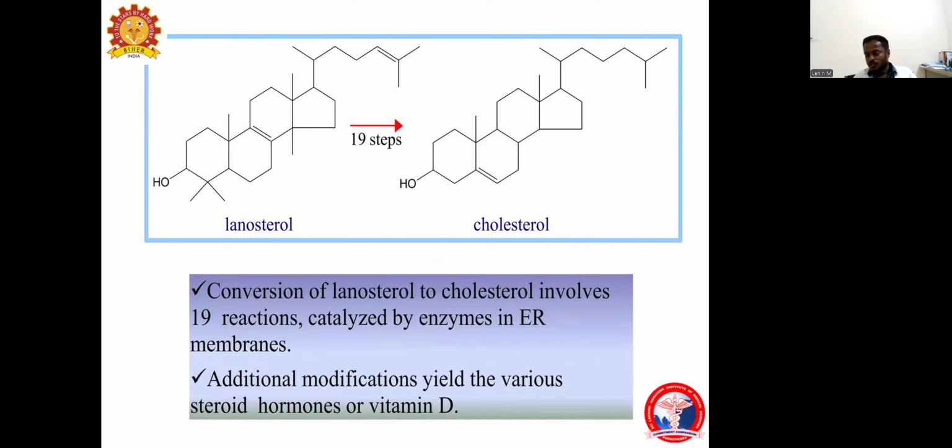The conversion involves reactions catalyzed by enzymes in the endoplasmic reticulum membrane. In addition, modification yields the various steroid hormones, and vitamin D is activated from cholesterol.